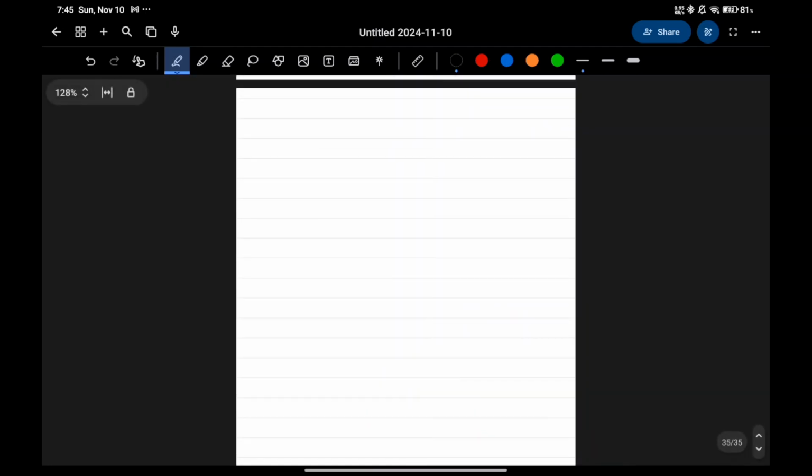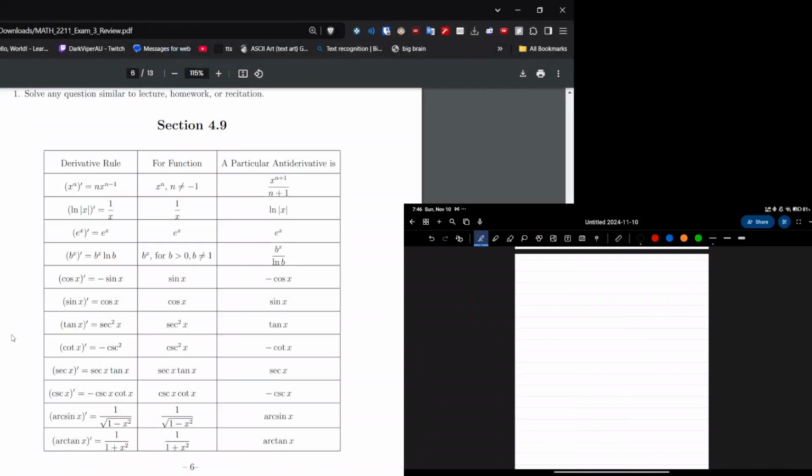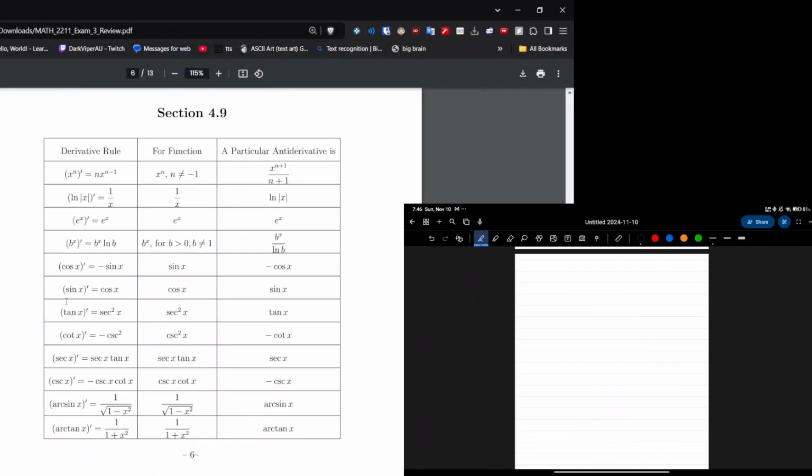Now I have a few rules for that, a few formulas of antiderivatives and derivatives. You need to memorize these. Let me go one by one. So let's say I have x to the power n. The antiderivative of this would be raise the power by 1 and divide by that power.